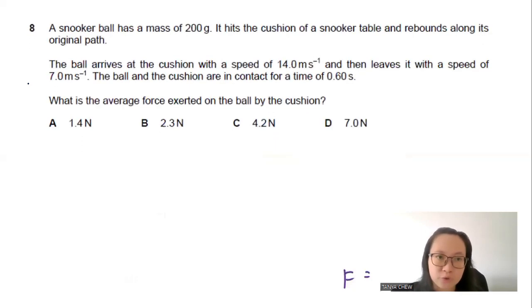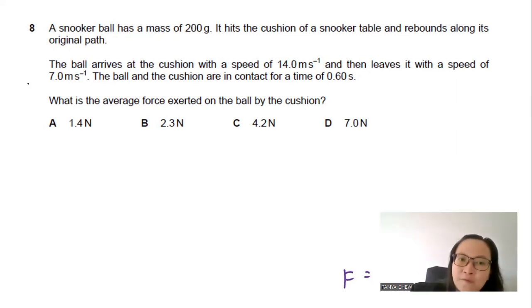Question number 8. A snooker ball has a mass of 200 grams. It hits the cushion of a snooker table and rebounds along its original path. The ball arrives at the cushion with a speed of 40 meters per second and then leaves it with a speed of 7 meters per second. The ball and the cushion are in contact for a time of 0.6 seconds.